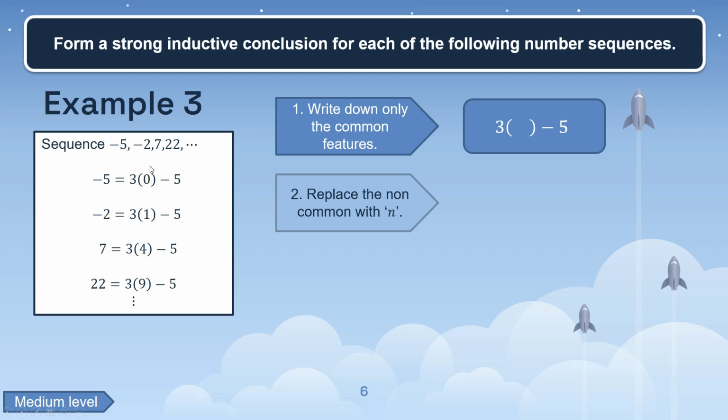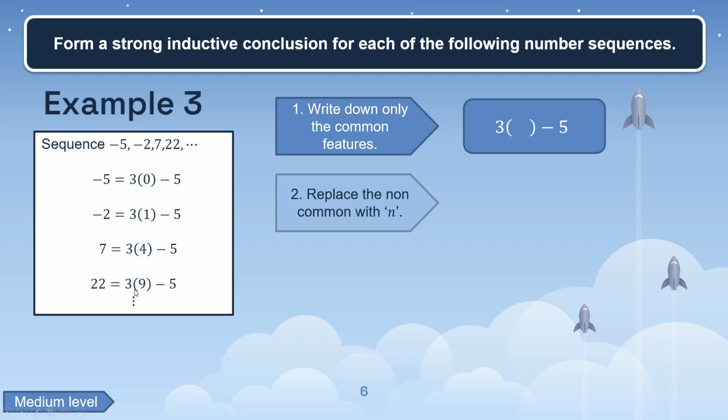0 power of 2. What is 0 power of 2? 0. 0 power of 2 is 0. 1 power of 2? 1. 2 power of 2? 4. 3 power of 2? 9.